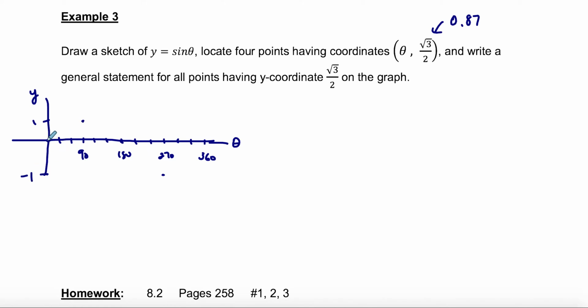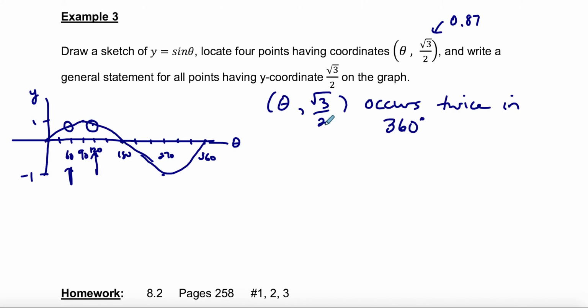So our sine function hit 0.5 and then 0.87 here and here. But then we didn't have any positive values anymore until after 360 degrees. So this point occurs twice in 360 degrees. And when that occurs, the angle measurement would be 60 degrees, where we get √3/2.